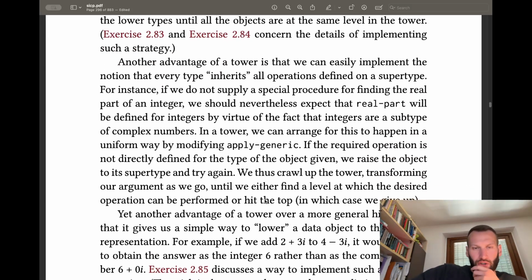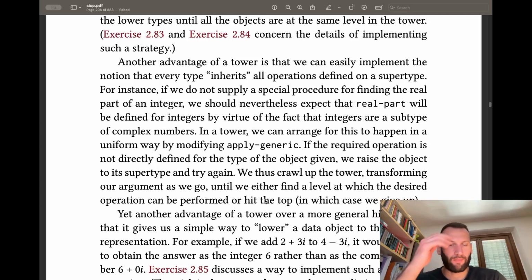Another advantage of a tower is that we can easily implement the notion that every type inherits all operations defined on a supertype. For instance, if we do not supply a special procedure for finding the real part of an integer, we should nevertheless expect that real part will be defined for integers by virtue of the fact that integers are a subtype of complex numbers.